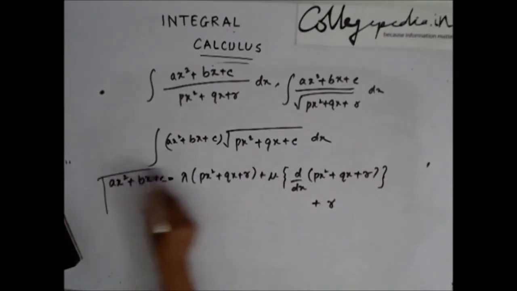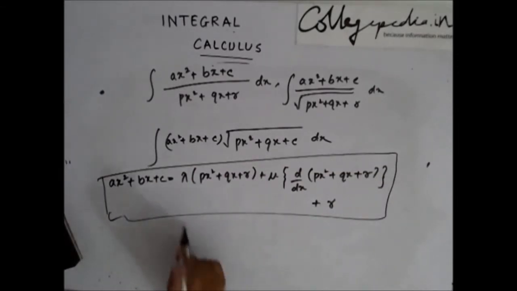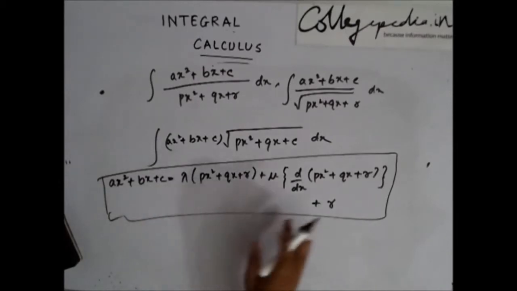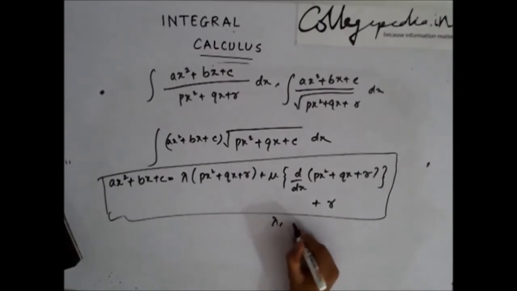Why we write this in this way is because after you write that, you try to compare the coefficients and find out the values of lambda, mu and gamma.